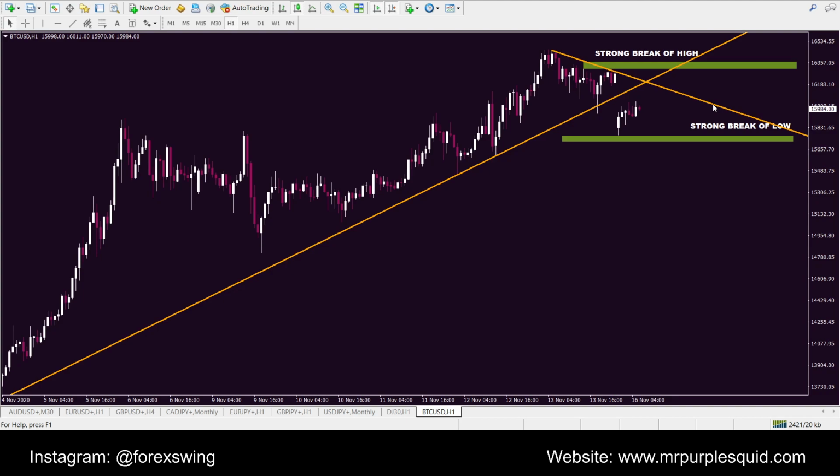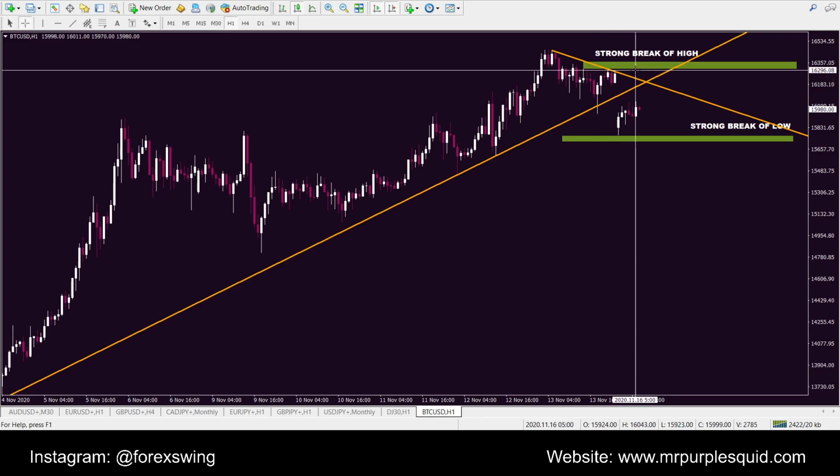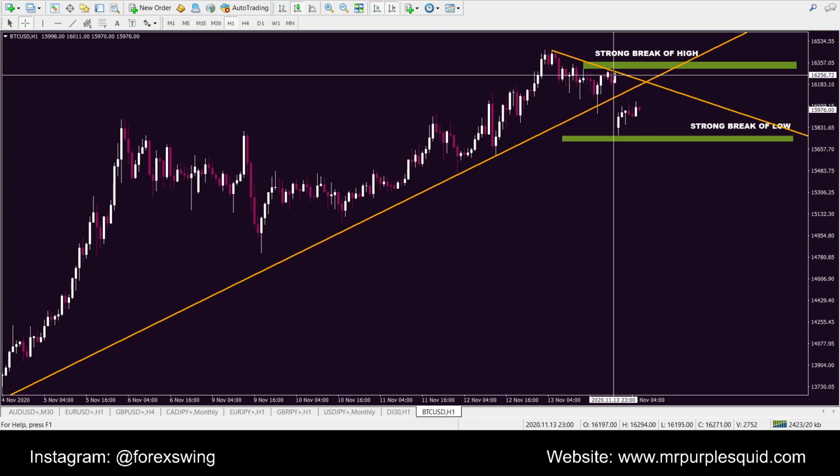And I would be perfectly fine taking an entry above here. So a break above here would mean a break of my trend line, and also a break of the previous high, and we're in a bullish trend. So that's three things why I would definitely take this.